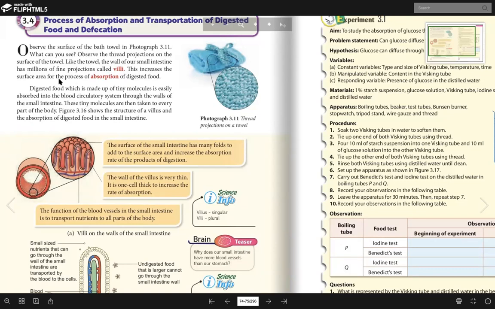This will increase the surface area for the process of absorption of digested food. So berdasarkan maklumat kat atas ni, it clearly shows that nutrient digestion will occur in the small intestine. Small intestine saja berlaku nutrient absorption.